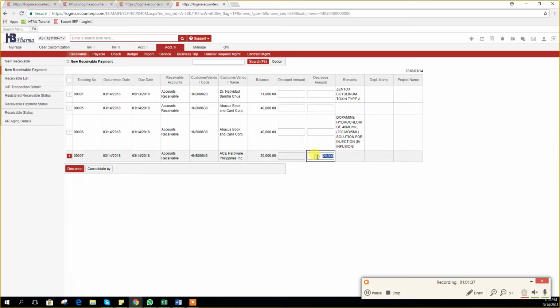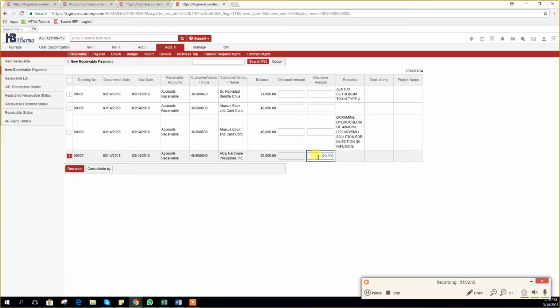So you can create a 50,000 receivable, and then before you even ship it out, before you even do the shipment, you already collect 10,000. Let's say 50-50. You have not shipped out the goods yet, and you have not given them an invoice.